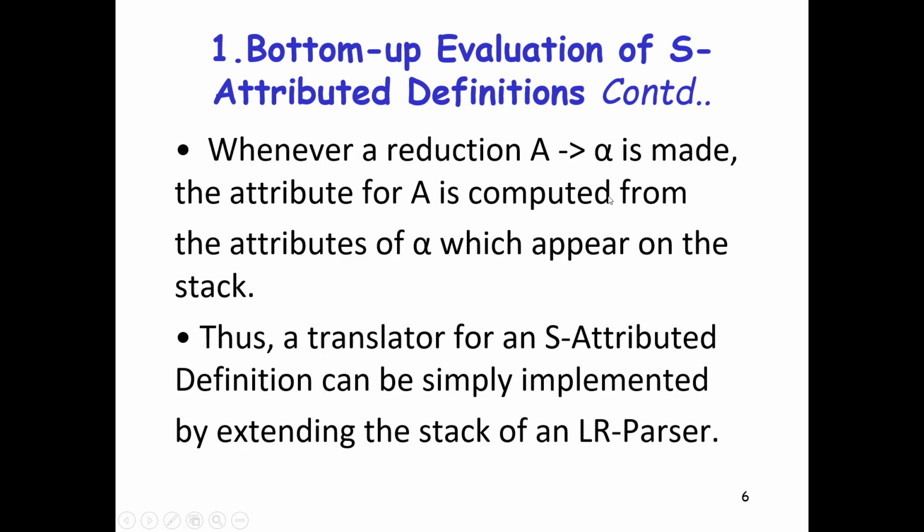The attribute for A being computed from alpha means it is a synthesized attribute. A is a parent node which gets its attribute from the children alpha. So a translator for this S attributed definition, which has synthesized attributes, can be implemented by using an LR parser with a value part on its stack.